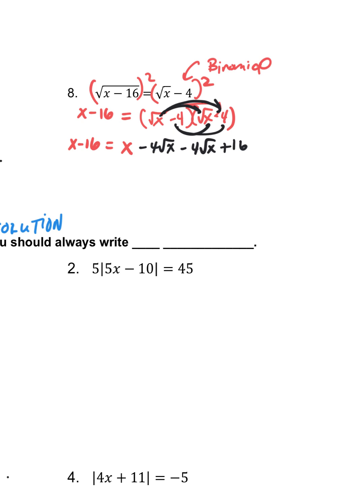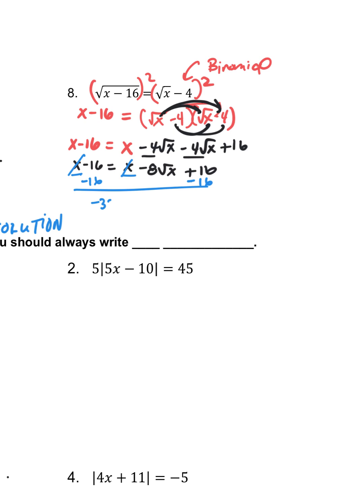Okay, so if we put those radicals together, I have a negative 4 plus a negative 4 is a negative 8 square roots of x plus 16. And now we need to isolate the radical. Now, this is exactly the same as this, so I can just cancel those out. So now I'm just going to subtract 16 from both sides.